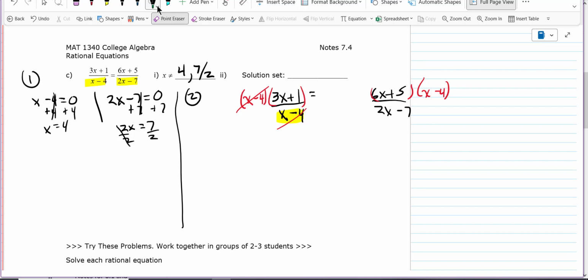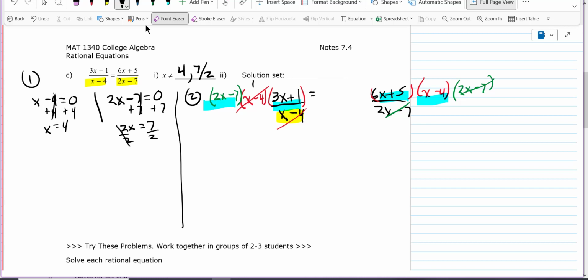If I'm going to get rid of 2x minus 7, then I'm also going to need to multiply by 2x minus 7. And I got to do the same thing to both sides of the equation. Notice if I do that, that's going to divide that out. Now, if you look at what we have here, that is our resulting equation after we have canceled.